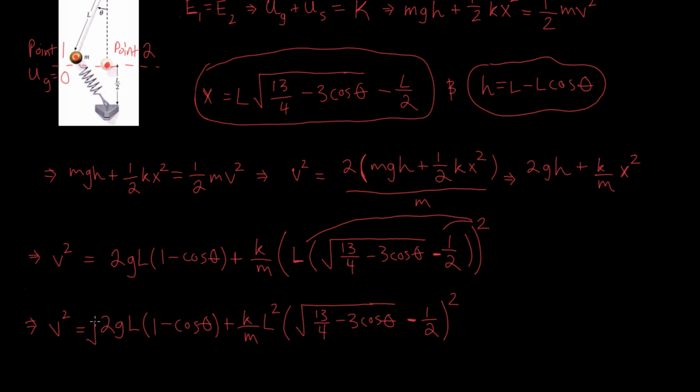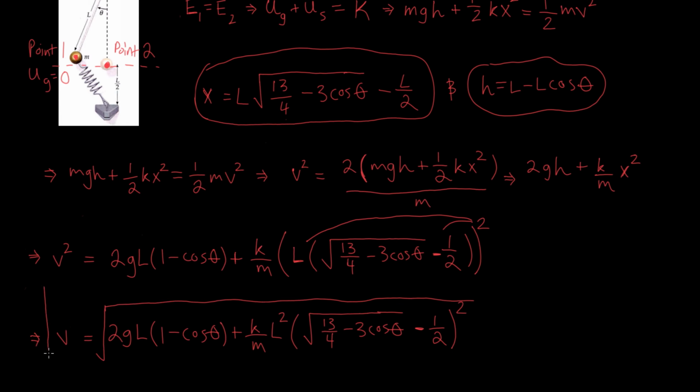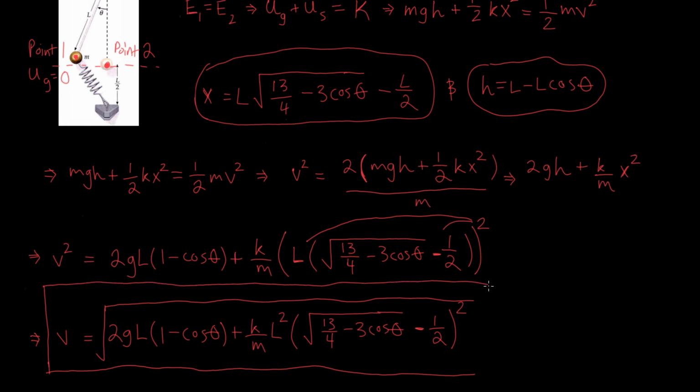So in order to isolate the v, in order to get rid of the square on the speed, we'd have to take the square root of both sides. And if we do that, we get this simplified equation right here, because we got rid of the square on the speed v, and now this is our final expression for the speed of the pendulum bob at its equilibrium position.